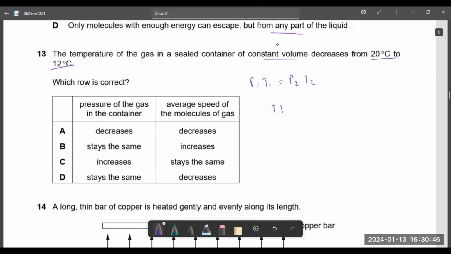So temperature decreases, automatically pressure also will decrease. So here the right choice, the pressure of the container, it will decrease. It will not stay same, it will not increase. Here the right choice will be pressure will decrease and automatically when the temperature decreases, average speed of molecules decreases. Pressure decreases and the speed of molecule also will decrease.